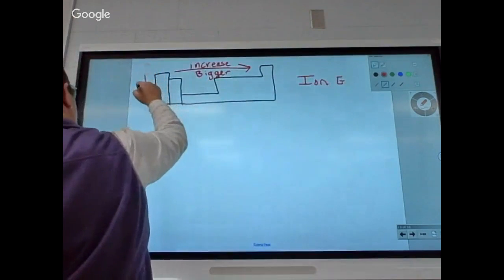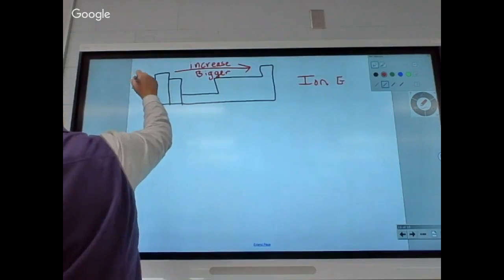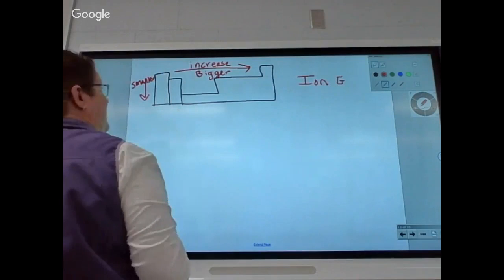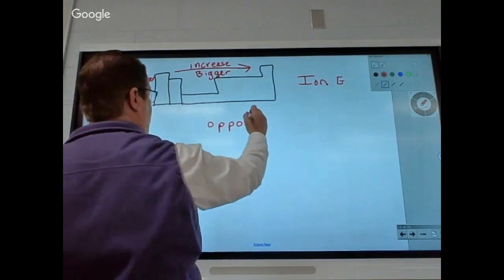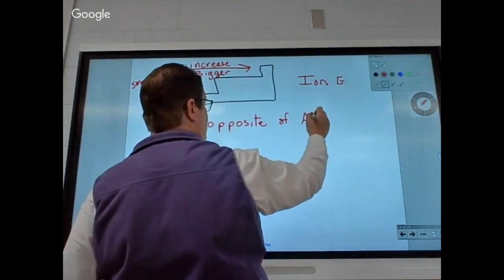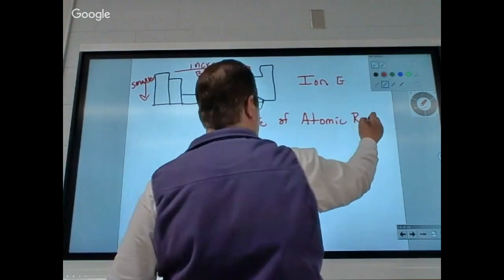What happens as you go down? All right, did you notice anything about this one versus what we just did? It's opposite. It's opposite of which one? Opposite of atomic radius.